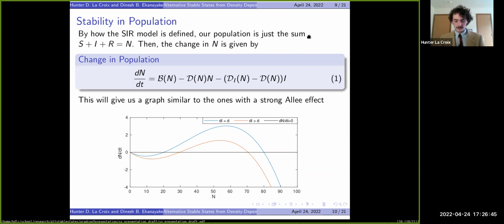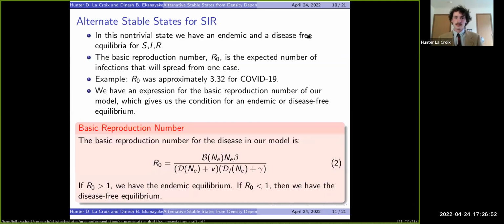The other one is that, okay, let's think about these non-zero stable states. There are actually multiple cases that we can have for these. And the idea is that we can go back and look at the basic reproduction number, which is the expected number of infections that will spread from one case. For example, for COVID-19, R naught was approximately 3.32.